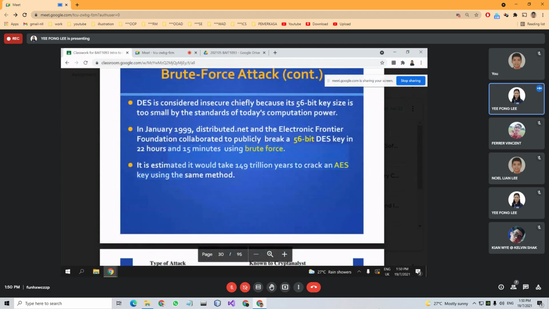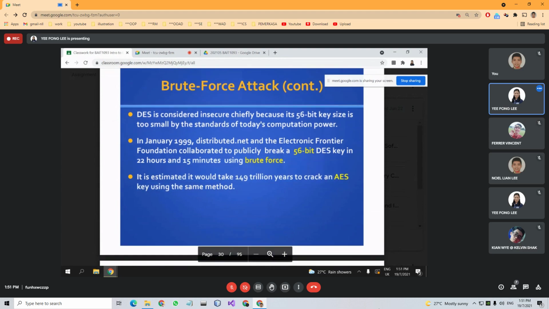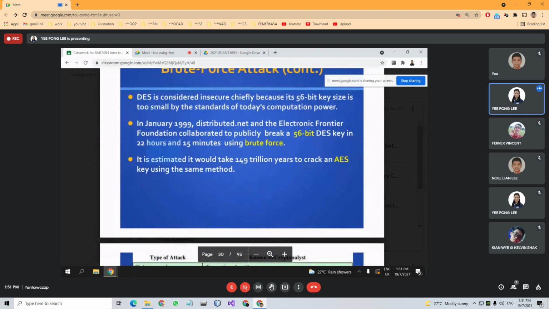Okay, now we look at this slide. This is considered insecure chiefly because, as in the previous slide, there's only a 56-bit key length for the DES.